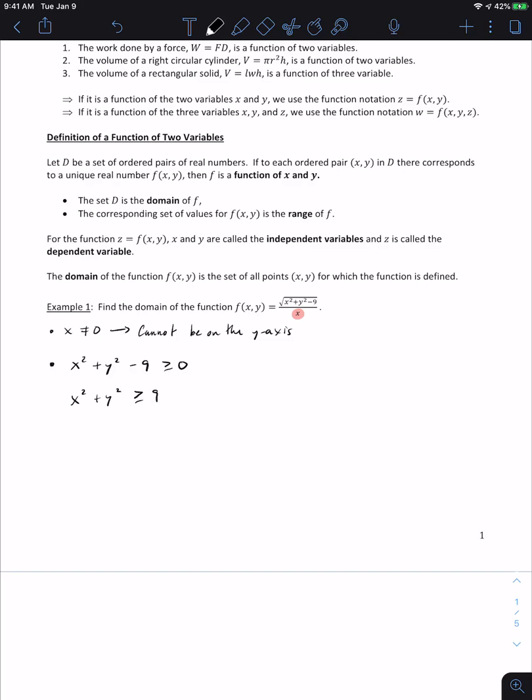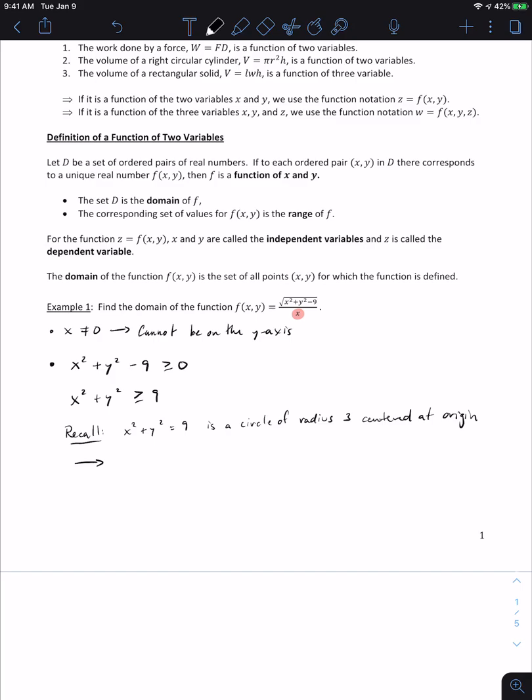And so recall that x squared plus y squared equal to 9 is a circle of radius 3 centered at origin, right? So in this case, what does it tell us?